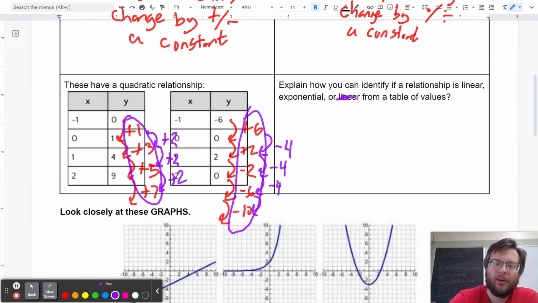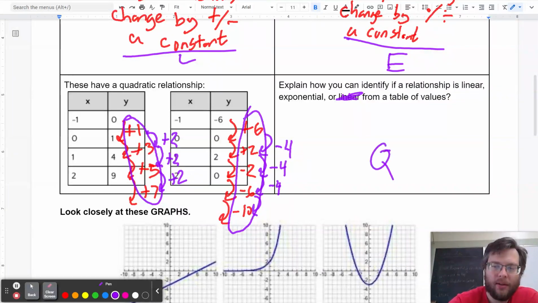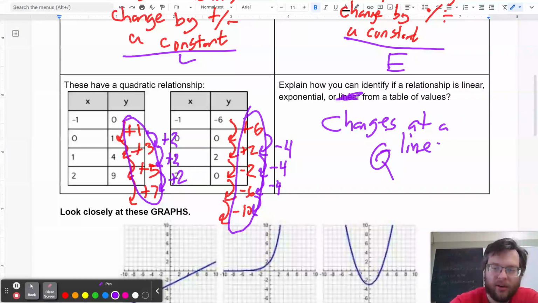And so I had a typo here. This should have said quadratic. But like I mentioned, linear changes by plus or minus a constant. Exponential changes by multiplying or dividing the constant. But quadratic changes at a linear rate. And that's different.